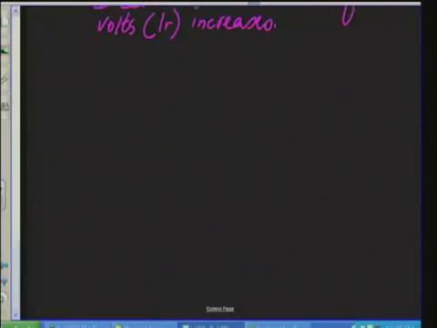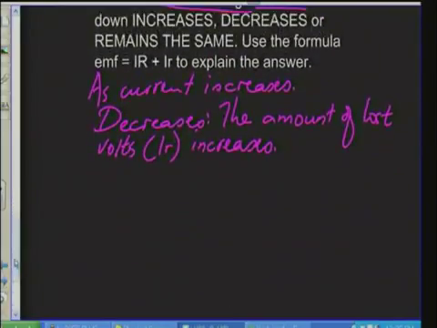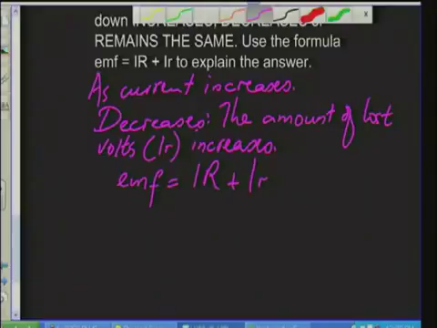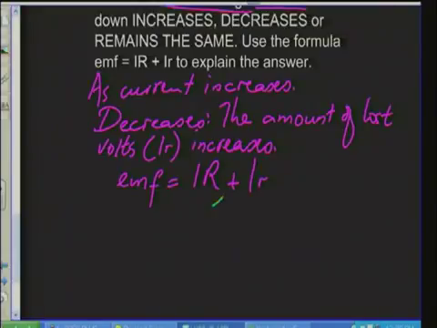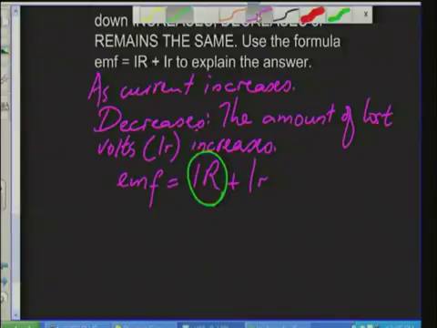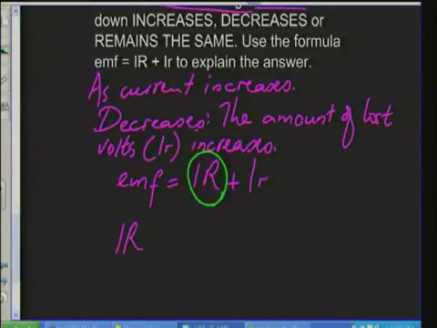Let's use that formula: EMF equals IR plus Ir. This IR here is your external potential difference, which is the reading on V. So IR is equal to EMF minus Ir.